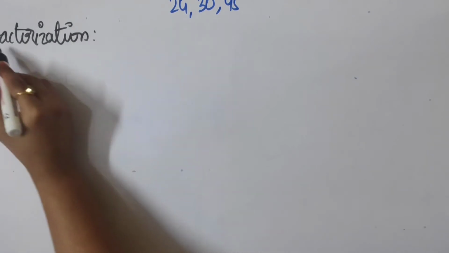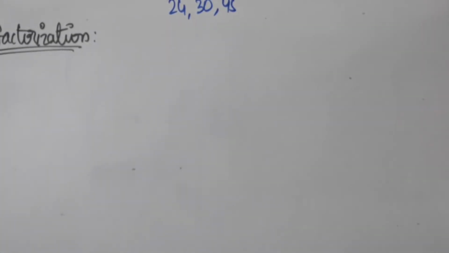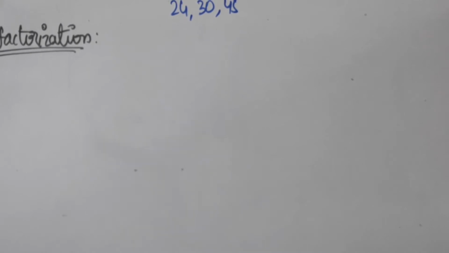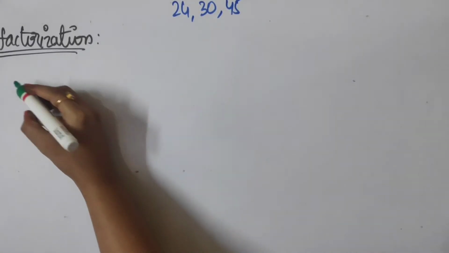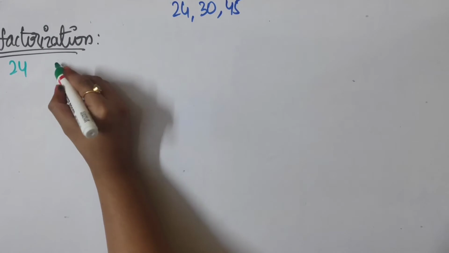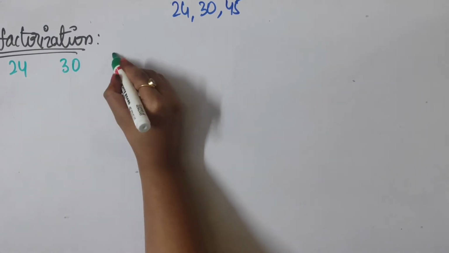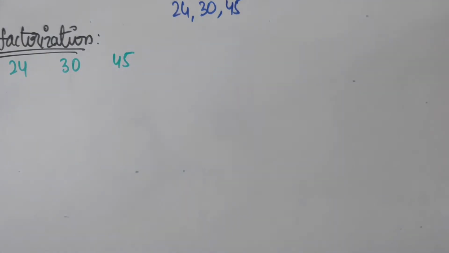In this method, we need to find the factors of all three numbers: 24, 30 and 45. There are many ways in which we can find factors, but I'm going to show the method which I always follow because I really find it easy.